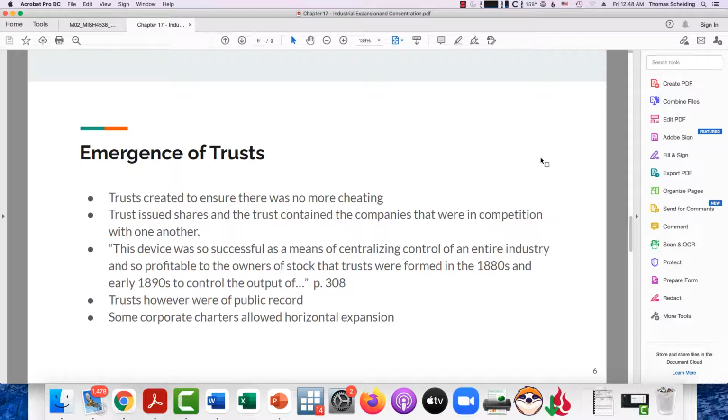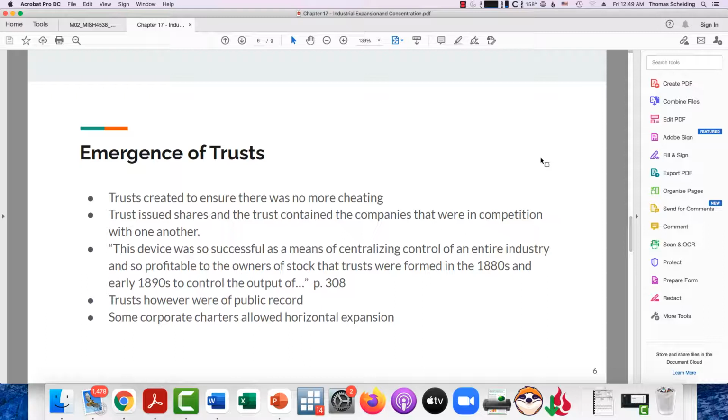The problem, however, was that these trusts were a matter of the public record. And what that means is that anyone can find out what exists.